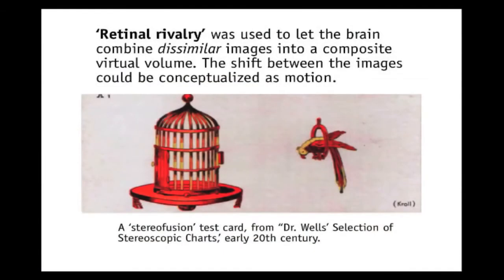So it's a training device that uses the combination of moving picture and certain principles of this two-eye view in interesting forms. And this principle is known as retinal rivalry.